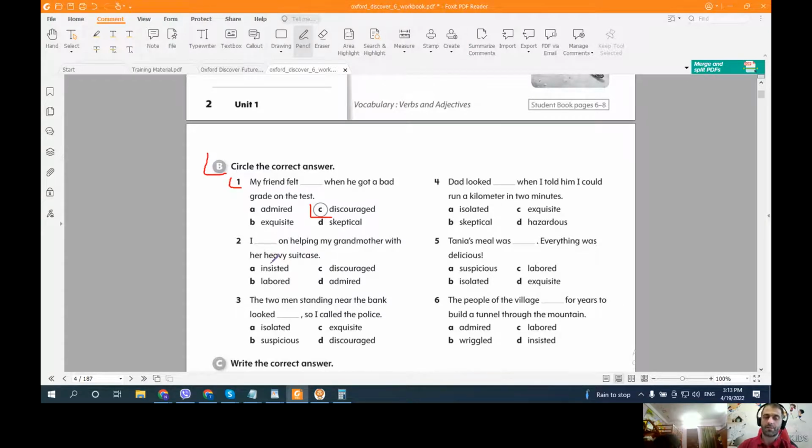Okay. Number 2. Can you please read? I insisted on. Insisted. Do you know the meaning of the word insisted, for example?